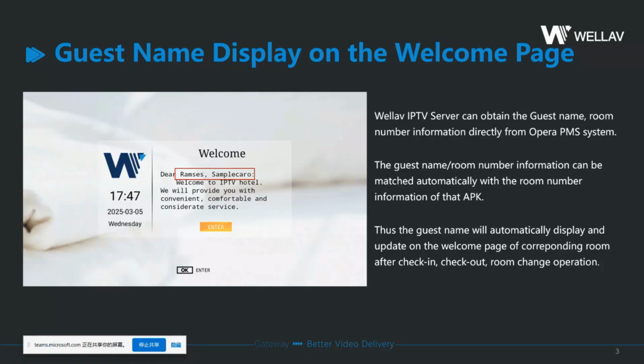Once the TV set is powered on, the guest name is automatically obtained from the PMS. So it's very important to achieve the automation of guest name display; this is a major function after integration with PMS.